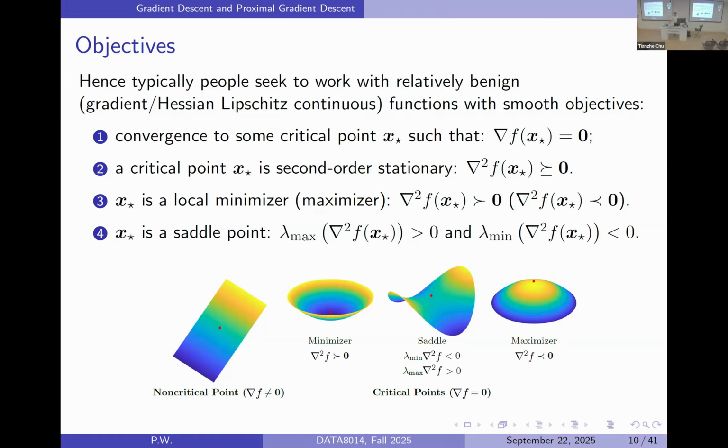That is why when we optimize a non-convex function, it's very hard to find a global minimizer, because it has too many different types of critical points, and with gradient descent, a first-order algorithm, we can only guarantee convergence to a critical point. Any questions? If not, we go ahead.